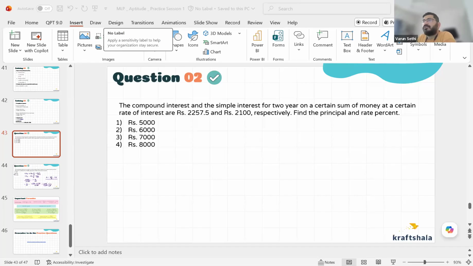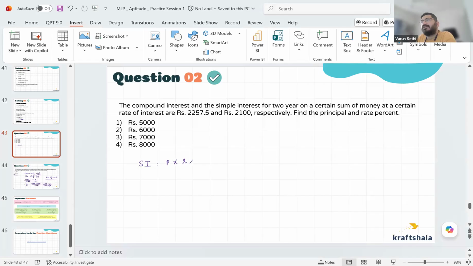I know for a fact that the simple interest is equal to P into R into T upon 100, right? And they have told me that for 2 years, the simple interest is 2100. So that means P into R into 2 upon 100 is equal to 2100.